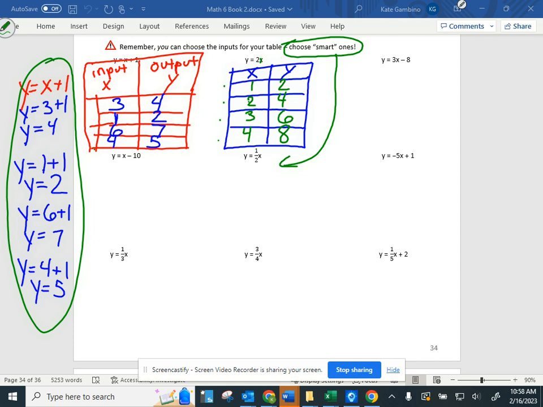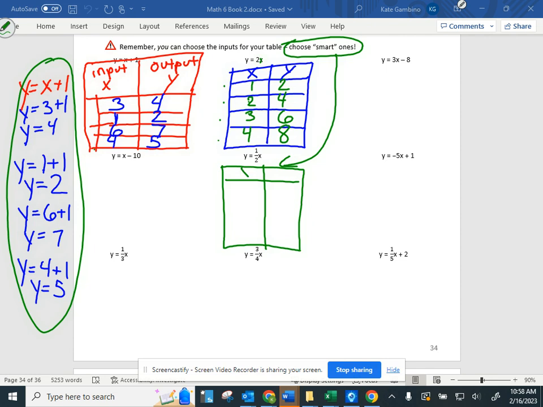Whole numbers, right? Whole numbers are much easier to graph. Let's just pay attention, gentlemen. Whole numbers are much easier to graph than fractions. So if we get to choose what our x is, let's choose numbers that are going to give us whole numbers. So let's look at what this function table might look like.